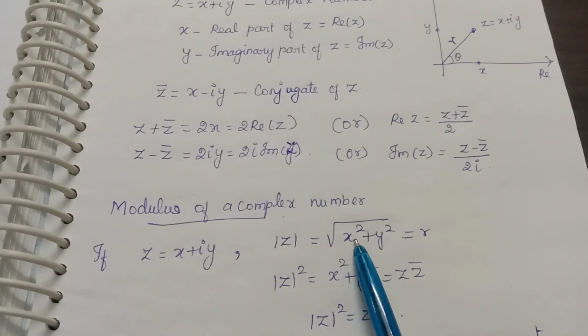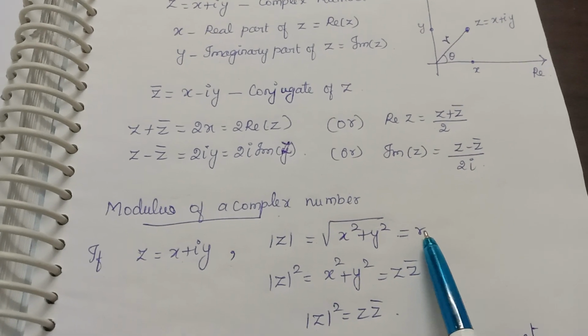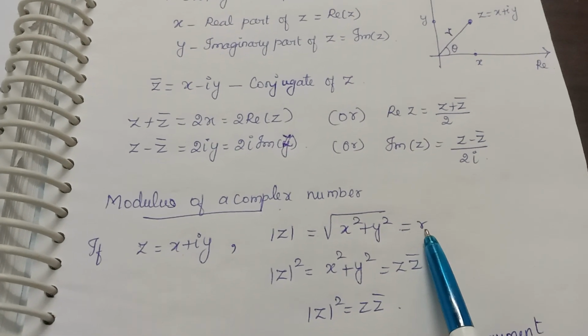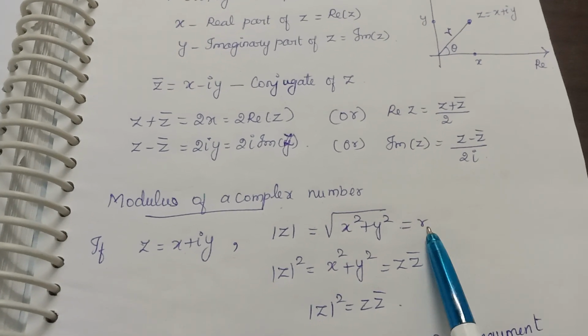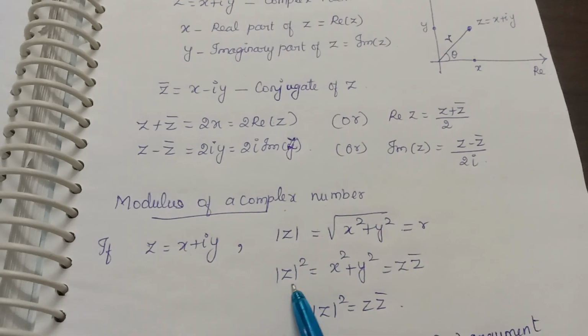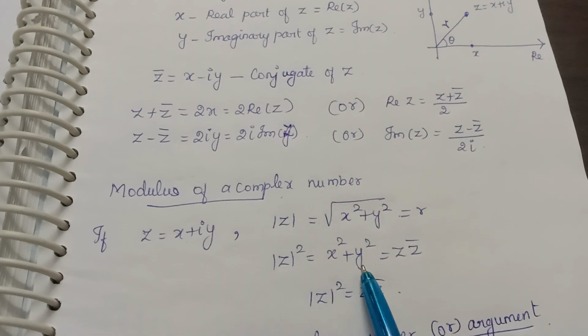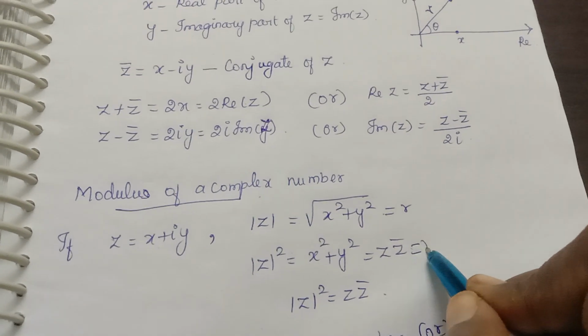This is usually represented by r. These are standard notations. Wherever you see r in complex numbers, that represents the magnitude or modulus of the complex number. If you square on both sides, you will get mod z square equal to x square plus y square, that is equal to r square.